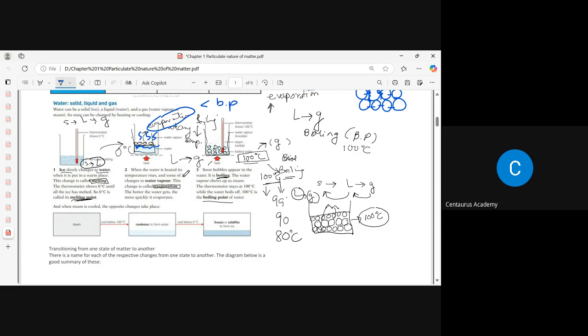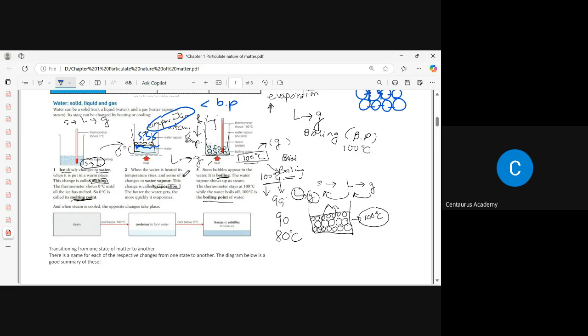Okay, and at that point in time, the temperature should be the boiling point of that particular substance, of water, which is 100 degrees Celsius. So as soon as that boiling point is reached, the liquid molecules convert into gaseous vapors, and it is going to be a sharp boiling point if this substance is a pure substance.